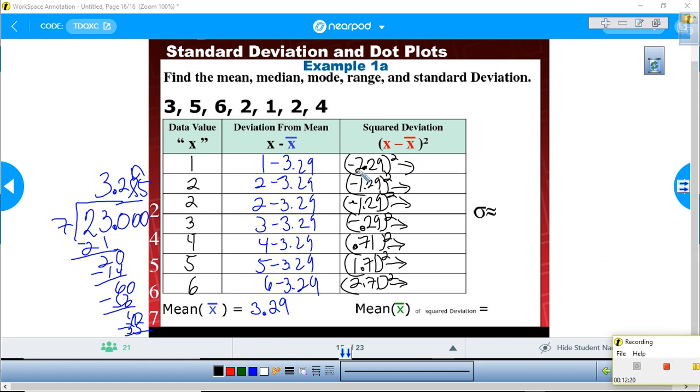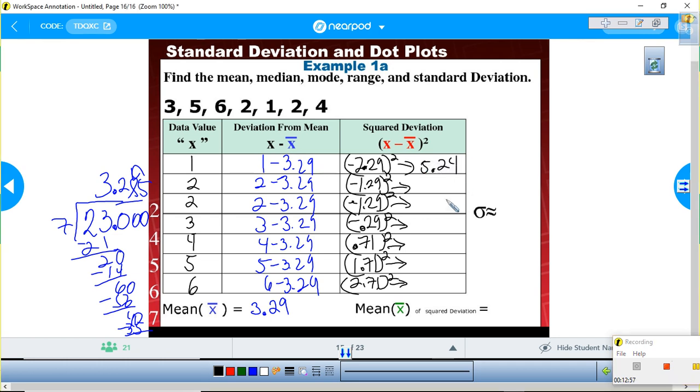Okay, let's see. What is negative 2.29 squared, Maria? Oh, okay. Error calculator, 2.29 squared. 5.24.